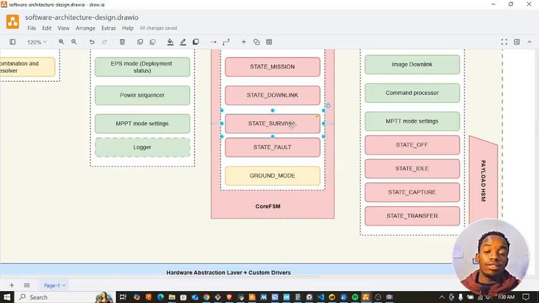Survival mode, mostly this CubeSat goes into survival mode when the EPS or the battery is below some threshold. So when it's in survival mode, for example, you can switch off some systems and activate maybe the battery charger, right, to charge the battery.